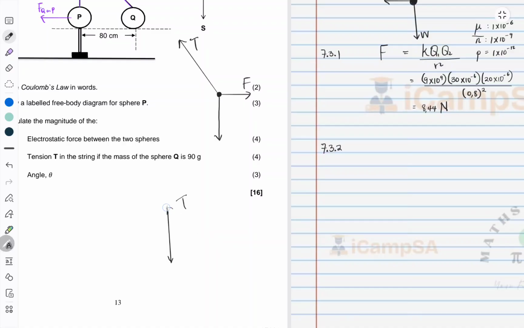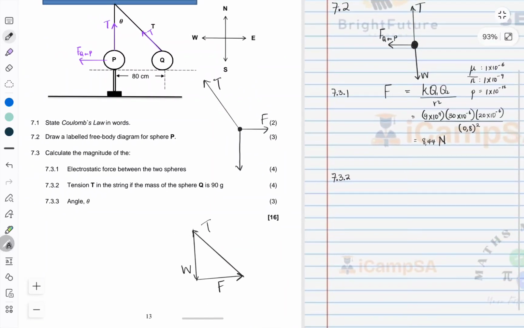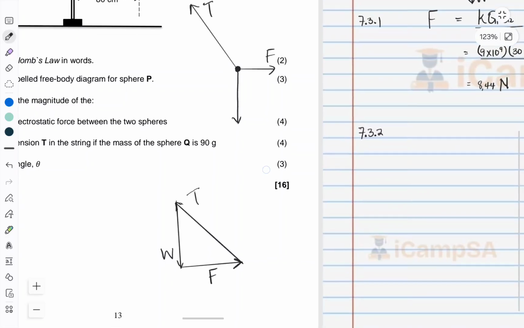Okay, my attention. If you check, I haven't changed the nature of the vectors. T is still a diagonal vector or a 2D vector. Weight is still just going down. And then I have my electrostatic force, due to the repulsion from P. I will call that F. And that's what I get.